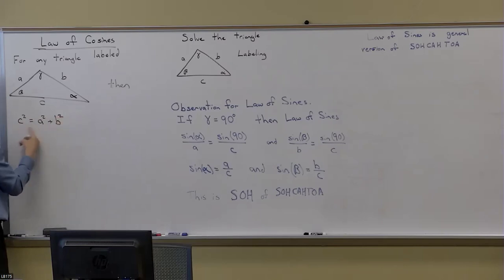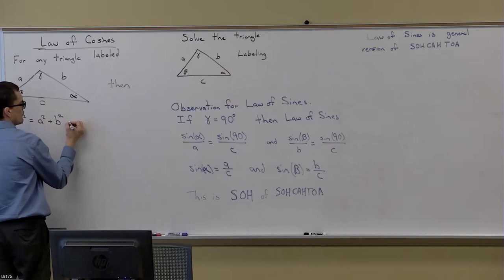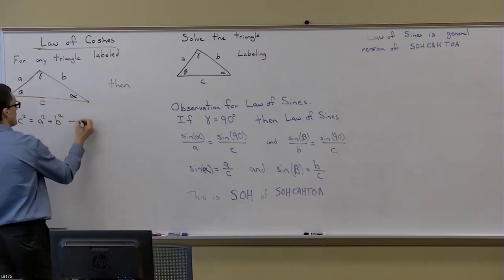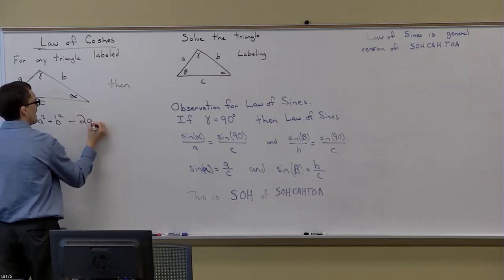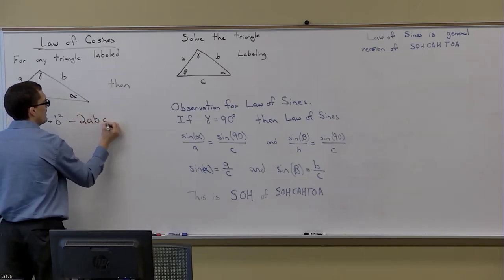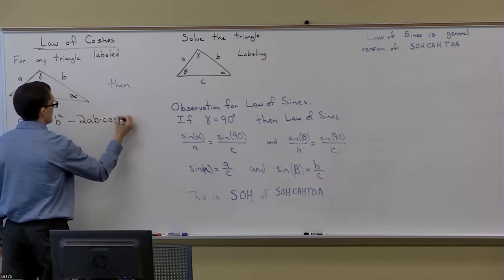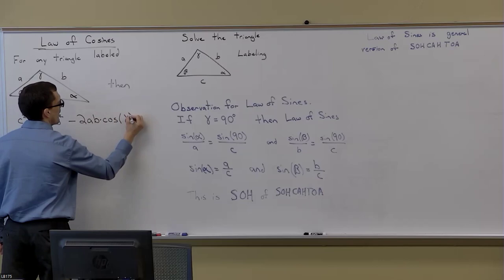That would be the Pythagorean theorem. And then we adjust it. The way we adjust it is we subtract 2ab times the cosine of gamma.